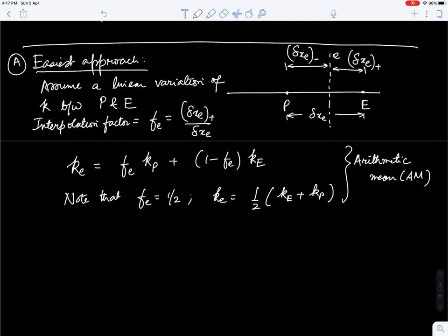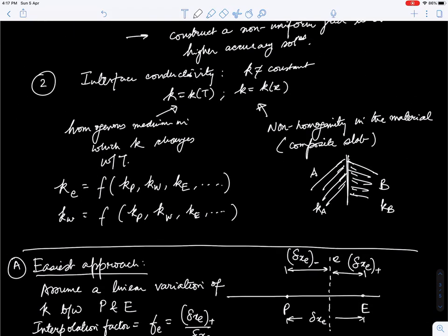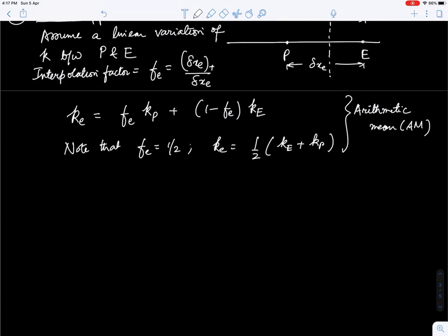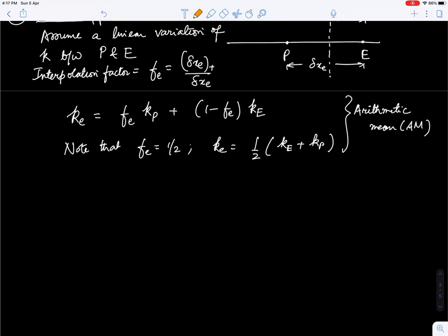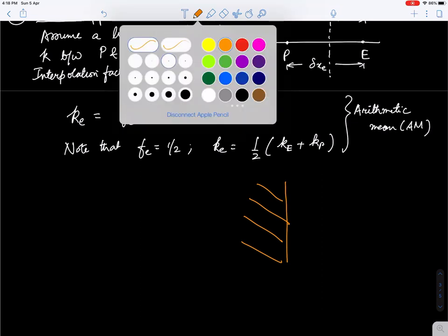One of the major issues with this formulation is that it cannot handle abrupt changes, especially when we spoke about this composite slab, right? A non-homogeneous material. So let's say we have two materials put in contact with each other.